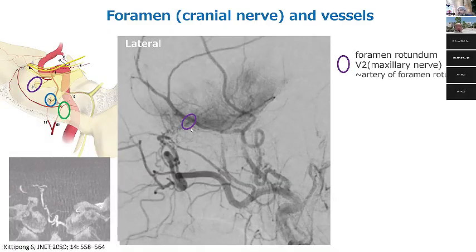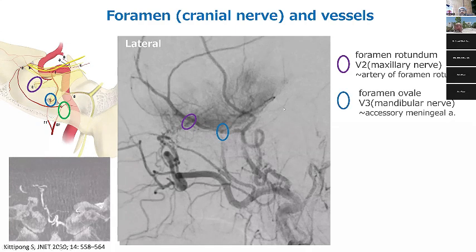This purple circle means foramen rotundum. So the V2 maxillary nerve goes through the foramen rotundum, and the artery is coming from here as the sphenopalatine artery to give rise to the artery of foramen rotundum. This one.